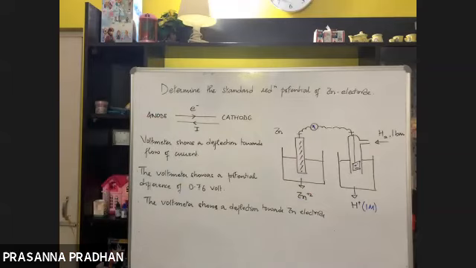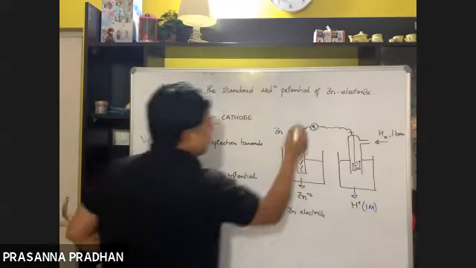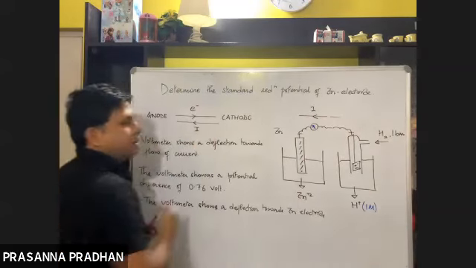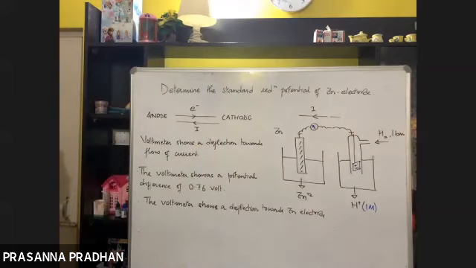From the experiment, it is seen that the voltmeter shows a deflection towards your zinc electrode. So now we know current is flowing in this direction towards zinc. So which one is the cathode and which one is the anode now?